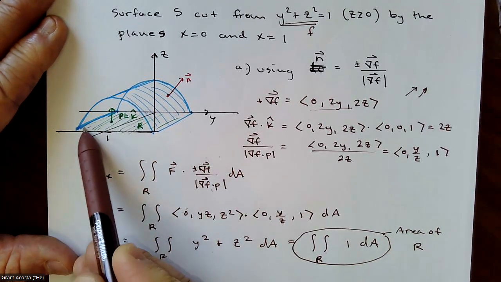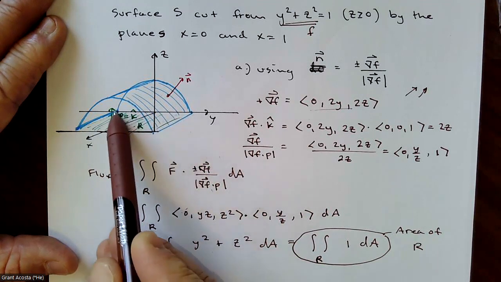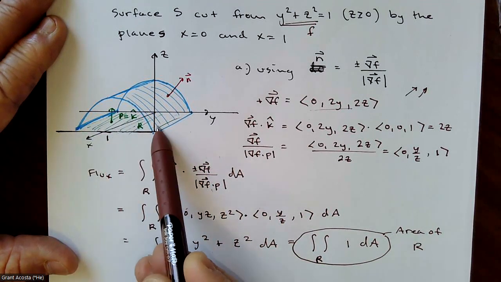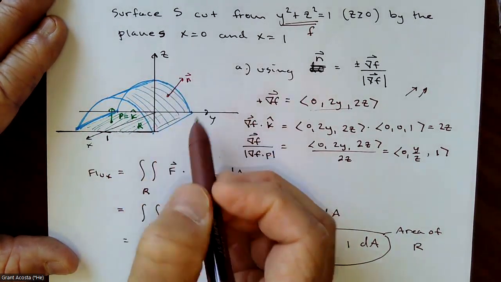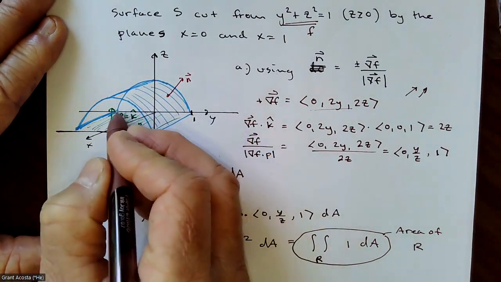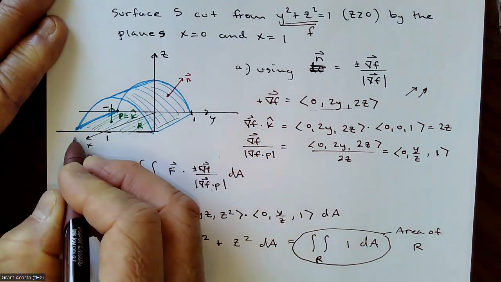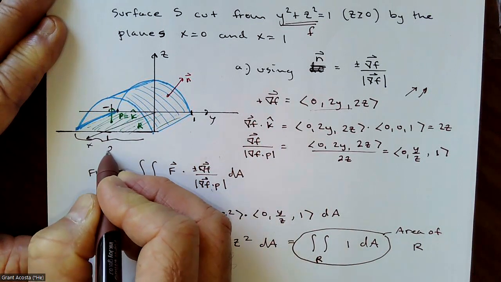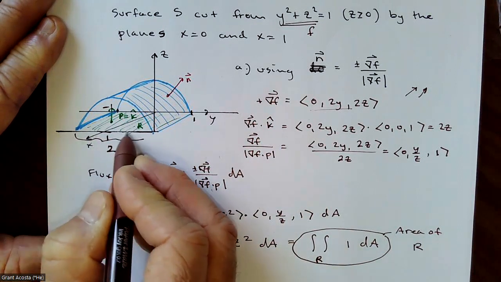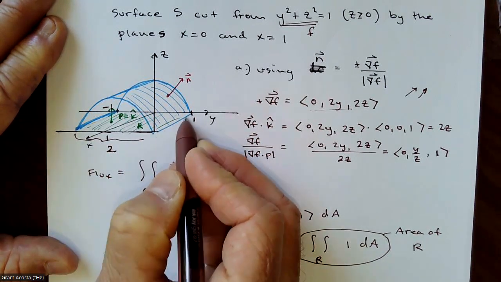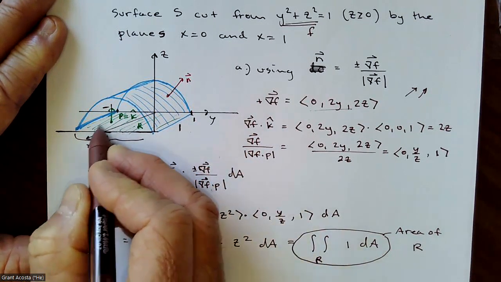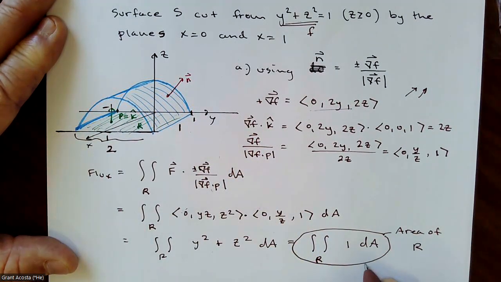I can go back to my picture and see that that's just the area of this rectangle. Keep in mind that the circle intersects the y-axis at 1 and over here at -1. So this length right here is actually 2. It stretches from -1 to +1. This length went from 0 to 1. So this is just a rectangle, and the area of that rectangle is 2.